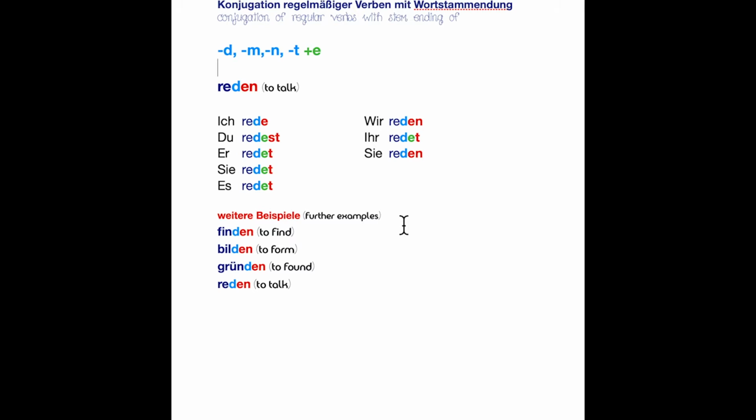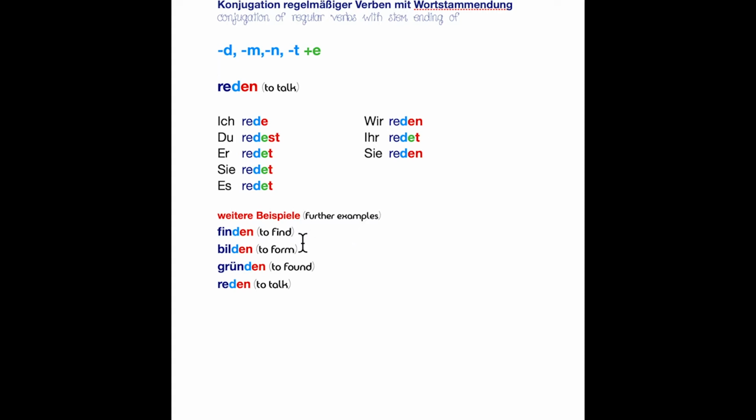Now, for you to practice a little bit, I have written down a few verbs that have that particular problem where the word stem ends in a D. So you need to go ahead and just bear in mind that you need to have that little helper E added to the second person singular, third person singular, and to the second person plural.